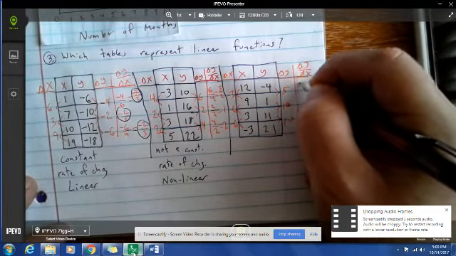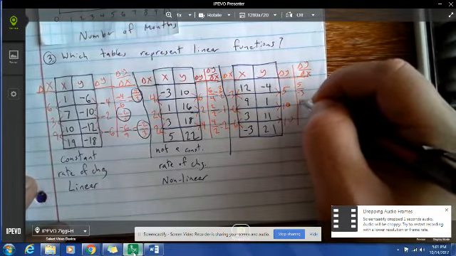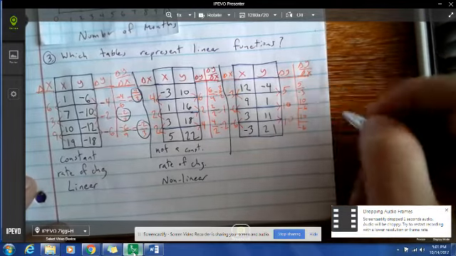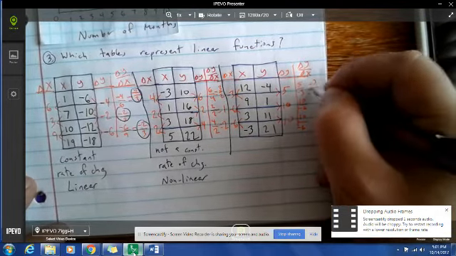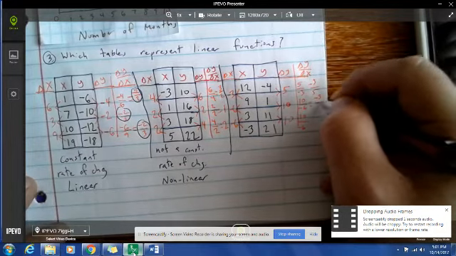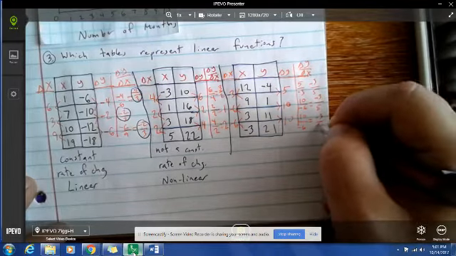So 5 over negative 3, 10 over negative 6, and 10 over negative 6. 5 over negative 3 is just negative 5/3. 10 over negative 6 equals negative 5/3.